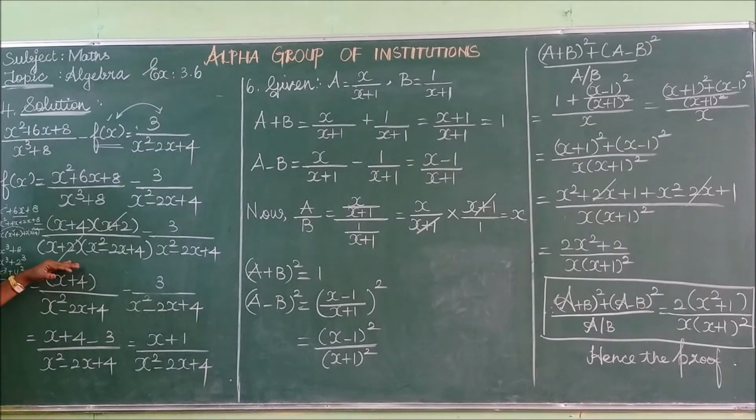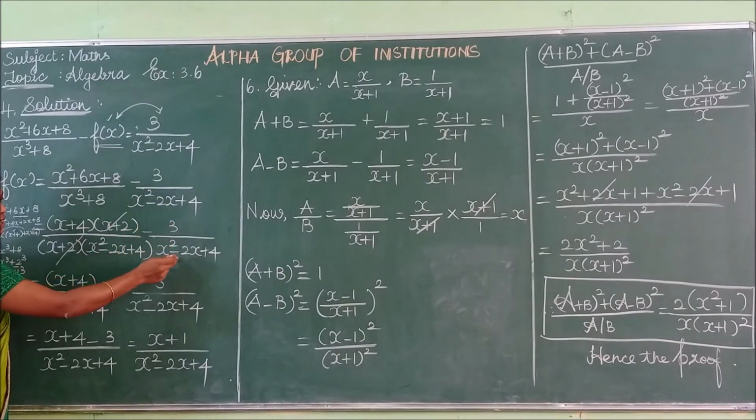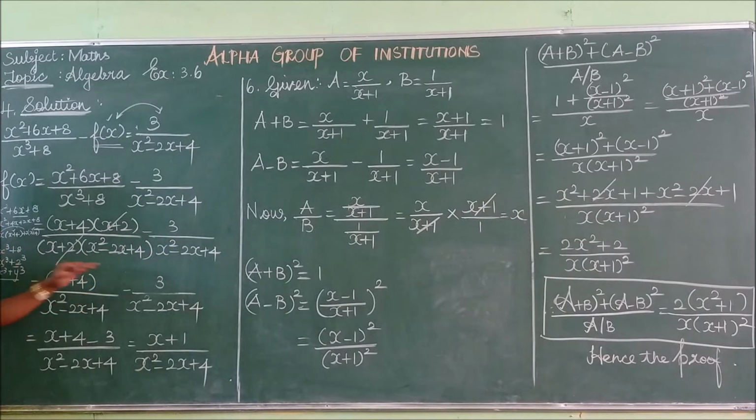In the same format, with y as 2 and x as x, it is (x plus 2) into (x squared minus 2x plus 4). Then the second term, minus 3 divided by (x squared minus 2x plus 4), you can take as it is. You do not need to find a factor because these two terms are similar.